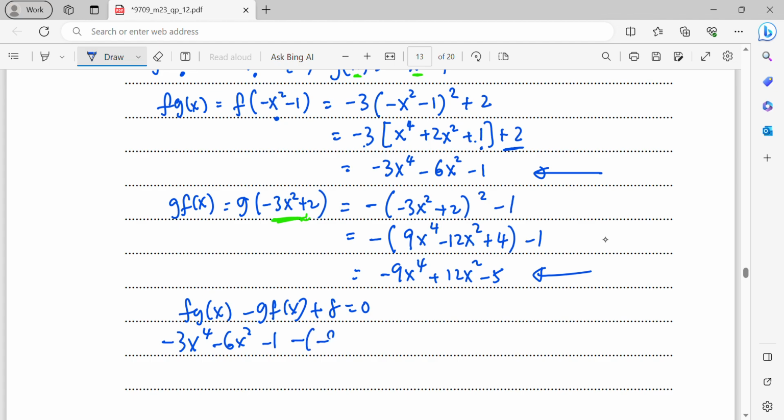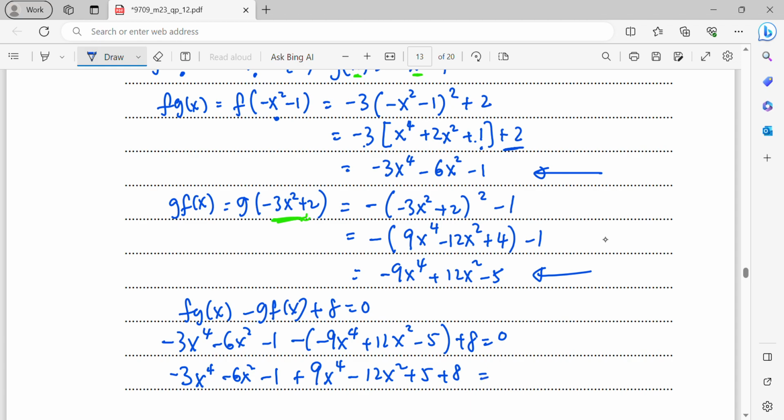So minus negative 9x degree 4 plus 12x squared, then minus 5, plus 8 equals to 0. So now I open the brackets, you will get negative 3x degree 4 minus 6x squared minus 1. The minus is a plus for the first term inside the bracket. Then minus times plus 12x squared, it will be negative 12x squared. Minus times minus 5 is plus 5. Then plus 8 equals to 0.